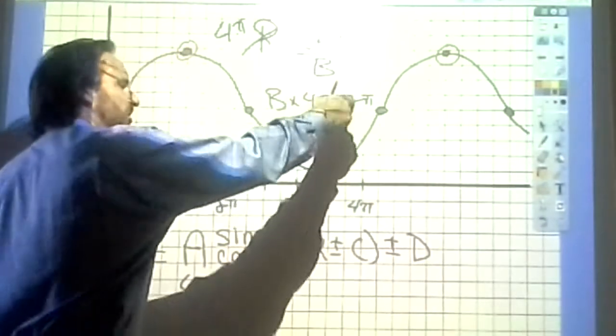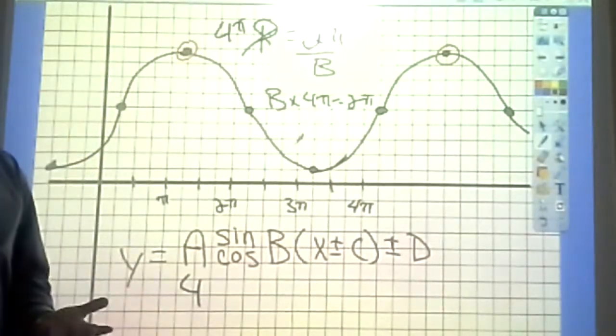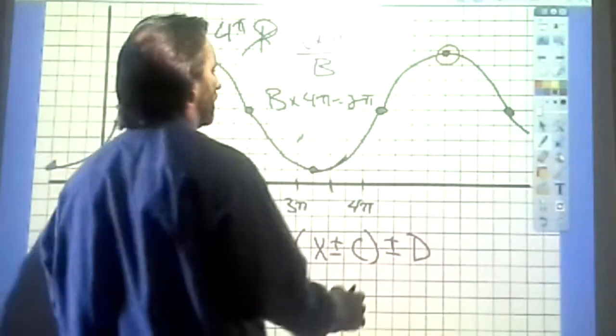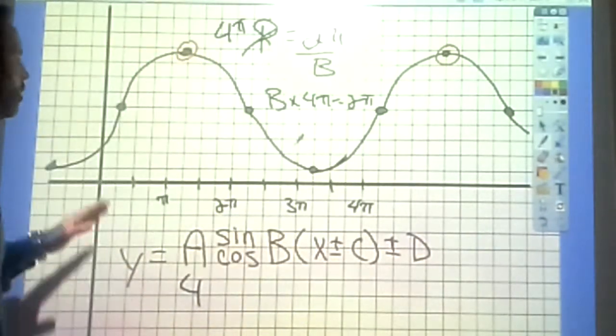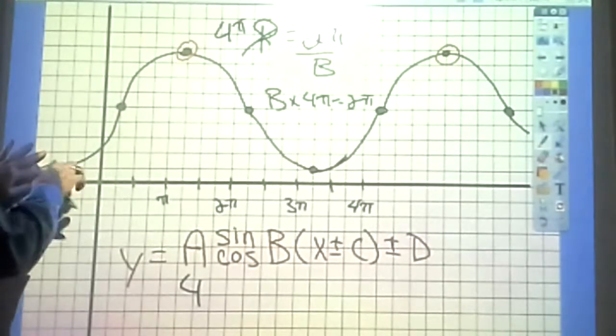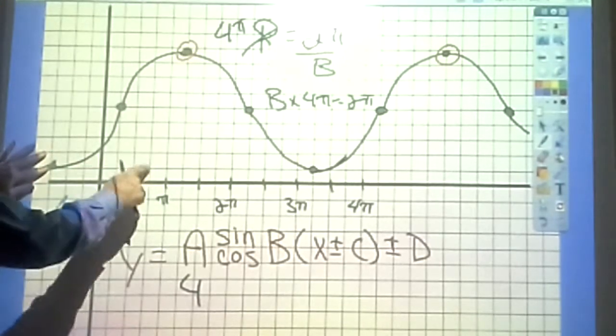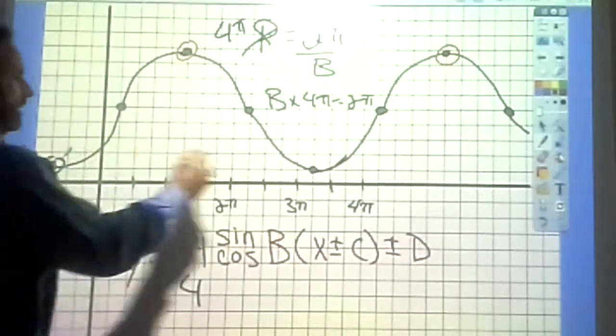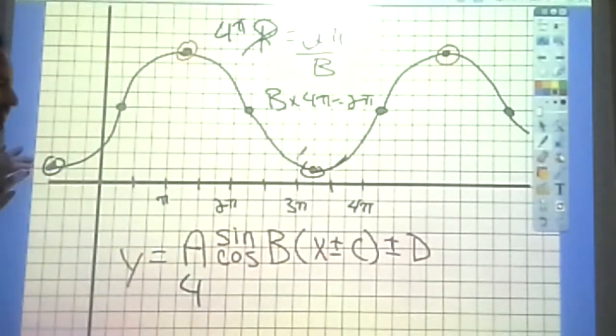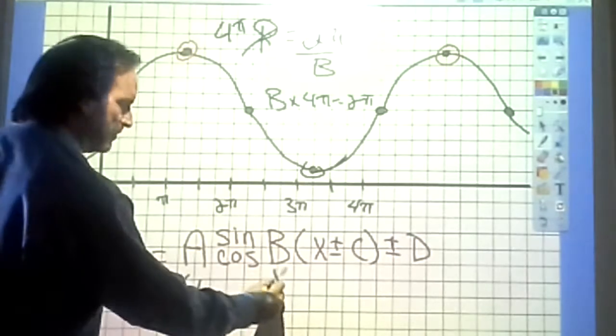What times 4 gets you 2? 1/2. So I just figured out what b was based on my period. I could go minimum to minimum. Again, here's 1 pi, 2 pi, 3 pi, 4 pi. Min to minimum.